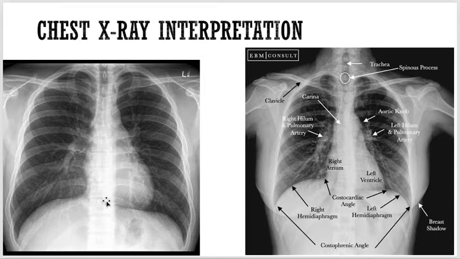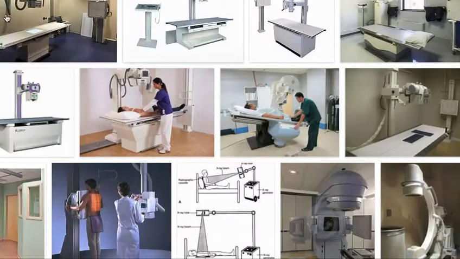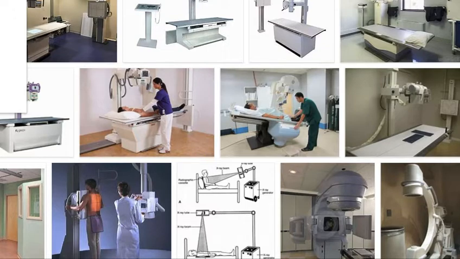But remember, never ever comment on the heart size on an AP chest X-ray, because in that one the heart is magnified, the heart looks bigger. Now, normal AP versus PA chest X-ray.